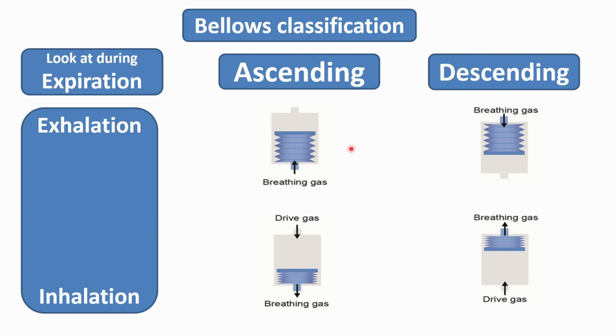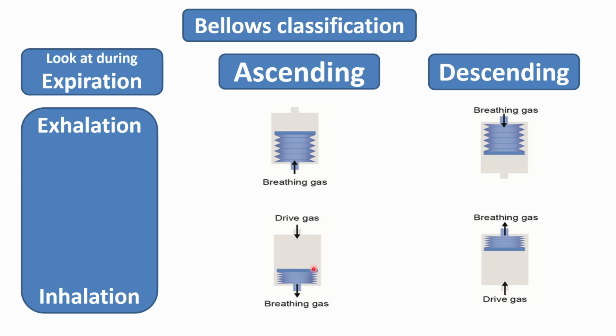And to know whether this machine is ascending or descending, you look at this pillow at expiration. At expiration, this pillow is filled with air, so in ascending it will ascend, but in descending this pillow will descend.